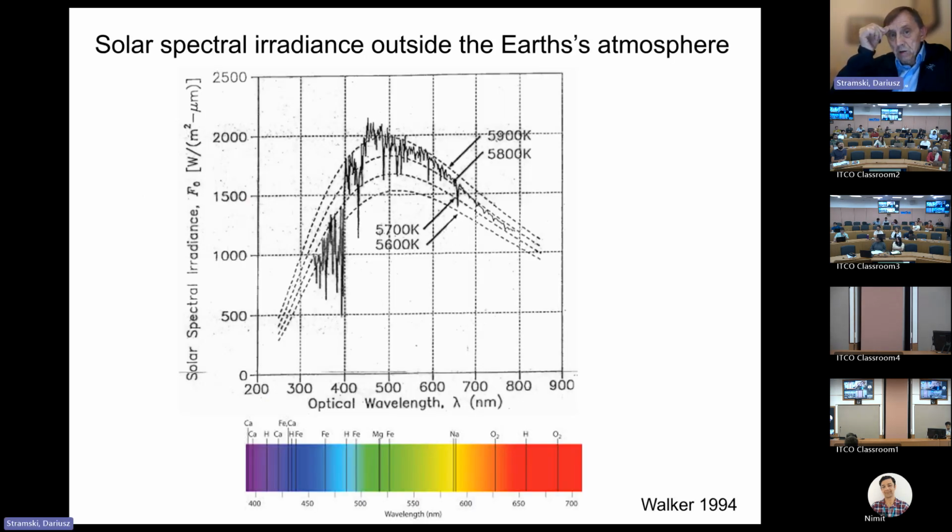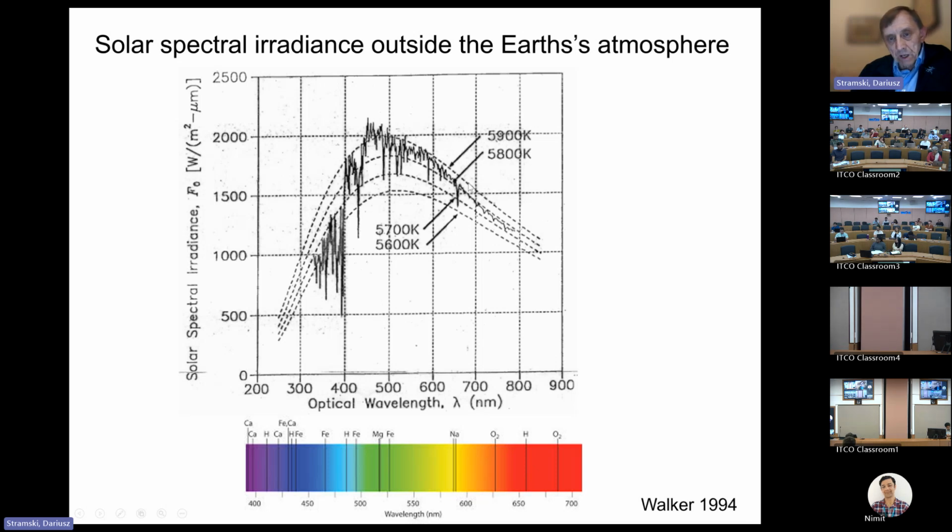When we take a closer look just in the near UV to near infrared region, and look at the spectrum of irradiance outside the Earth's atmosphere, but measured with an instrument that has very high, sub-nanometer spectral resolution, we would see something like this solid line.